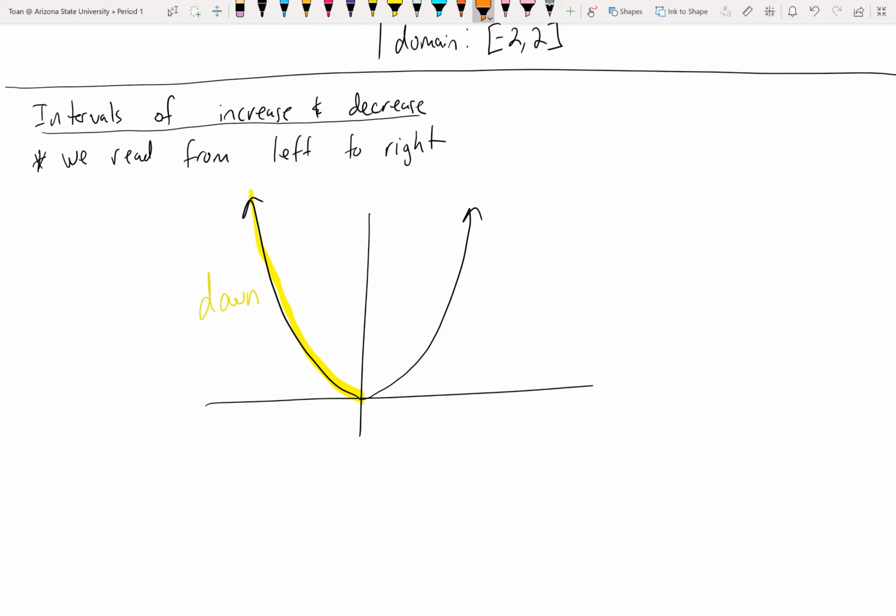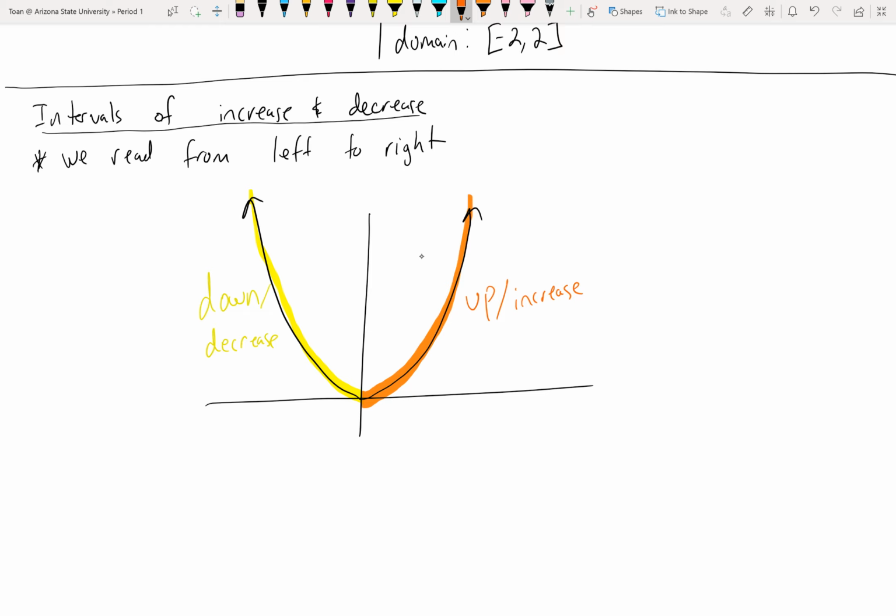And reading from left to right, this portion here is going up. So not surprisingly, this part here, the yellow, would be my decrease. And this part up here, the orange, would be my increase.